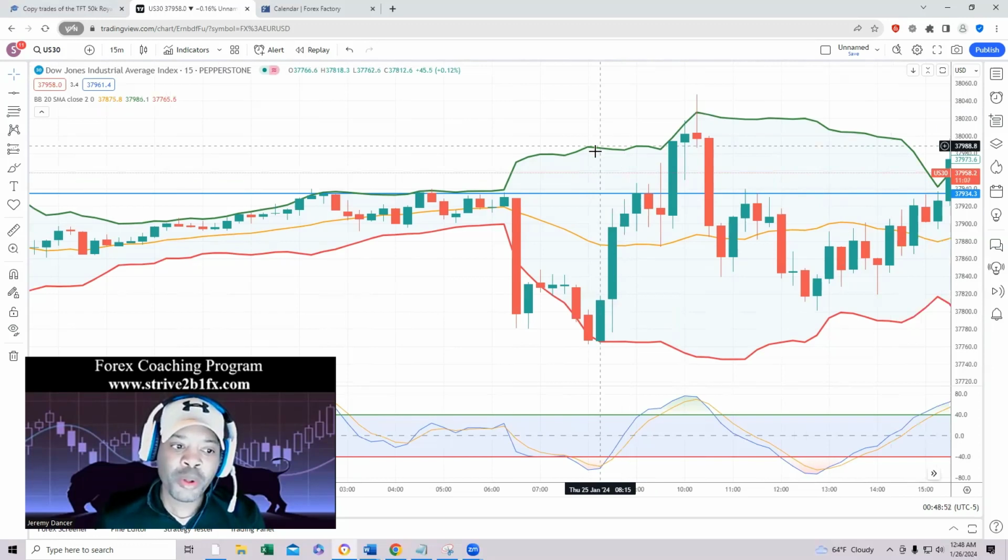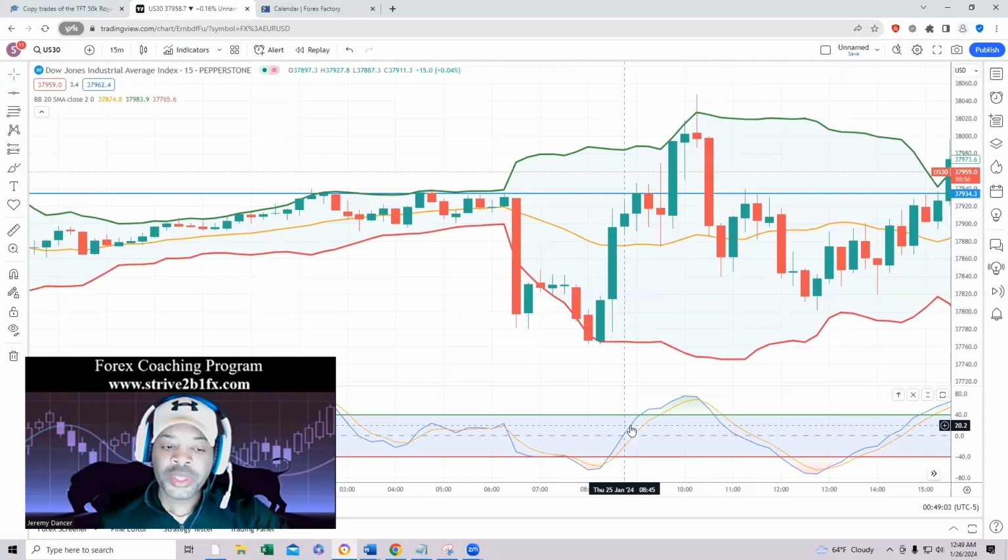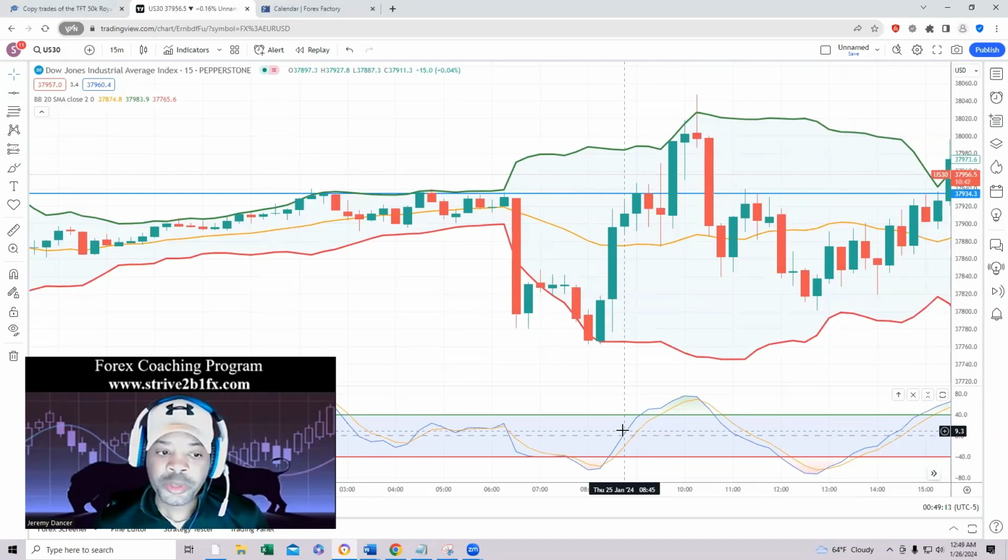All right, so I'm first going to go over my setup right here. I have Bollinger Bands, and I have the new Stochastic Momentum Index indicator that I use. This is a new indicator from TradingView. It's supposed to be an upgrade from the stochastic indicator, and so far, I think it's very effective and it's working pretty well for me.